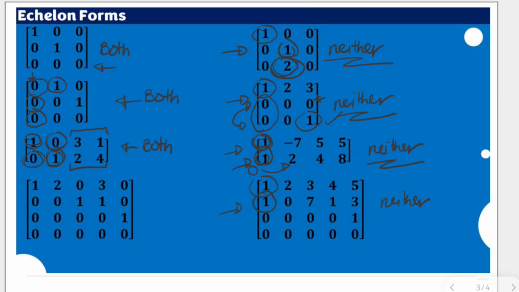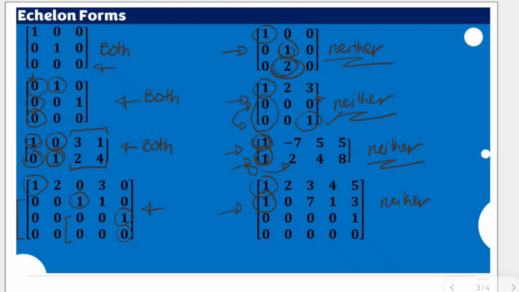Now let's have our last matrix here, which is a 4 by 5 matrix. We have a leading 1 and all the entries below it are 0. This is also a leading 1 and all entries below it are also 0. This is also a leading 1 and the entry below it is also 0.